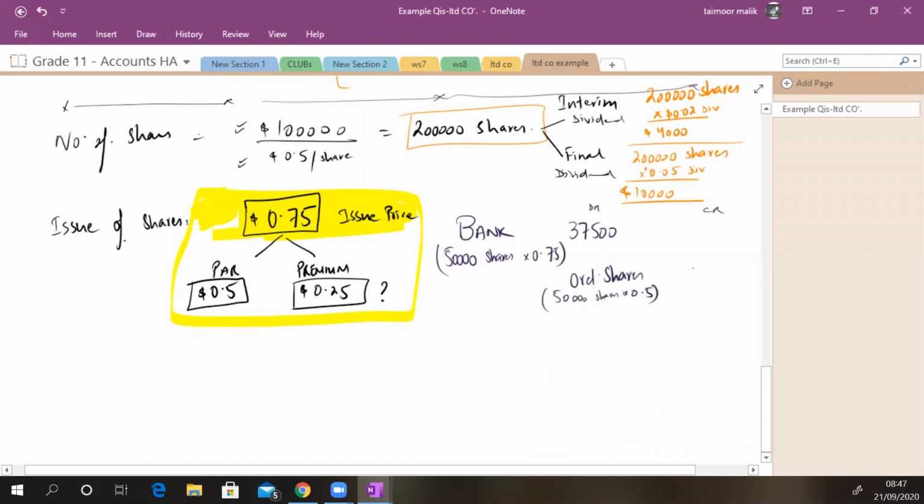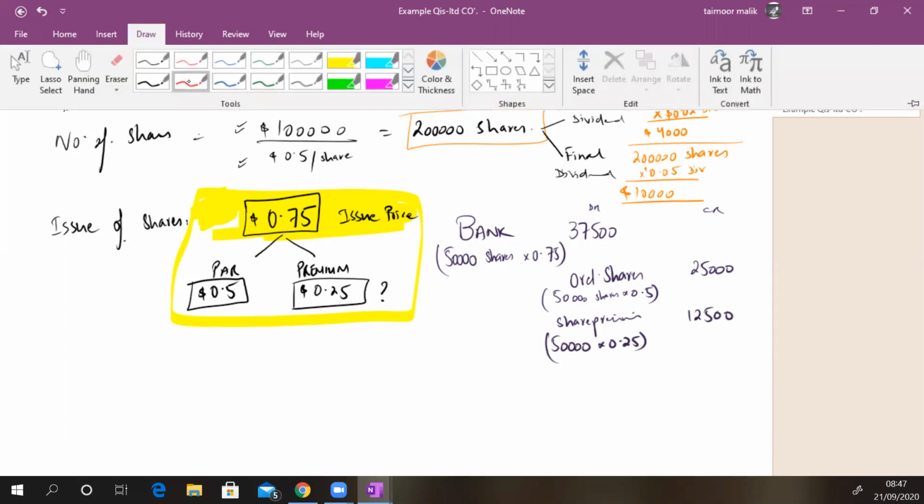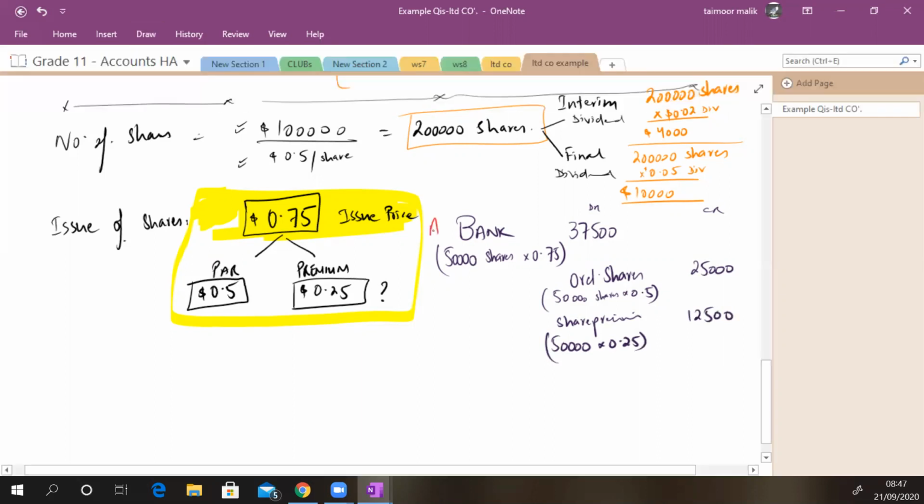Ordinary shares are always recorded at their par value, 25,000, and share premium 50,000, 0.25 is 12,500. ठीक है. नरेशंस क्या है इसकी? एसेट इंक्रीज हुआ जब शेयर इशू हुआ तो बैंक में पैसे आए, और ये दोनों ओनर्स की इक्विटी भी इंक्रीज हुई.